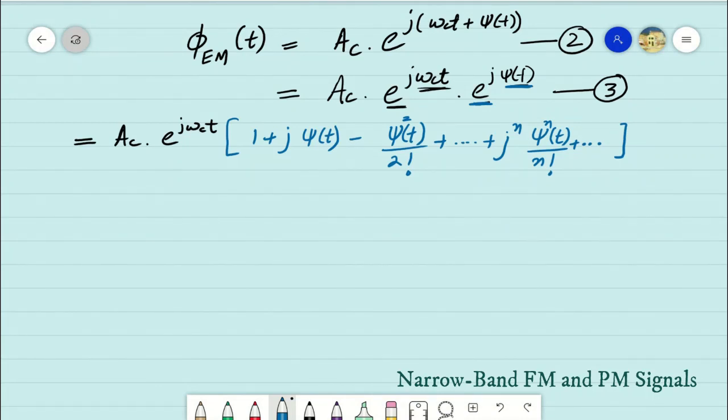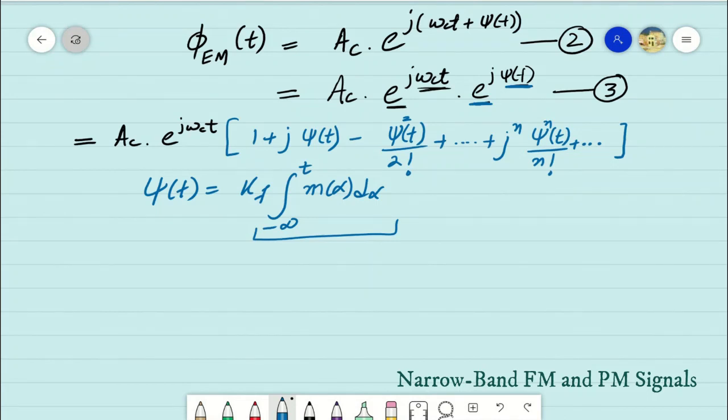For the case of frequency modulation, as discussed, the psi of t can be represented as kf into the integrated variant of the information signal, that is, the integral from -infinity to the current time instant. If we consider a simplified form of the frequency modulated case and define this integral as a of t, then we can write this psi of t as some constant into the integrated variant of the information signal.